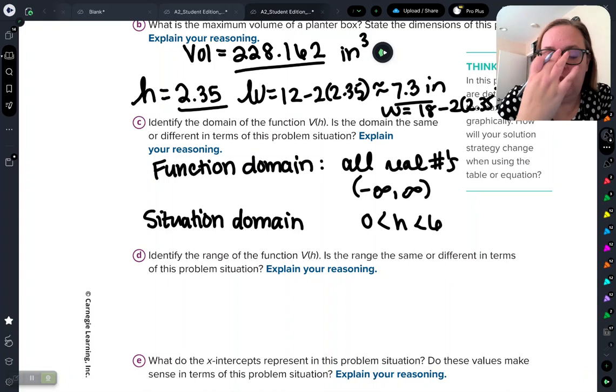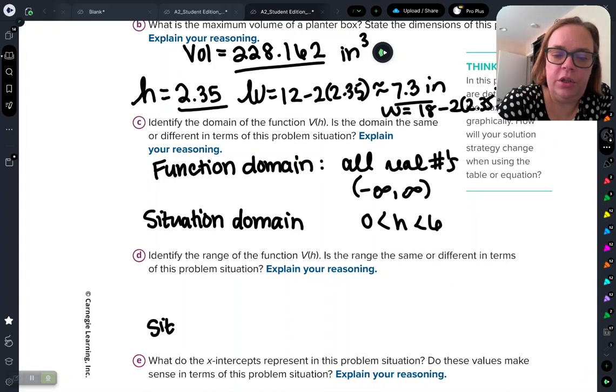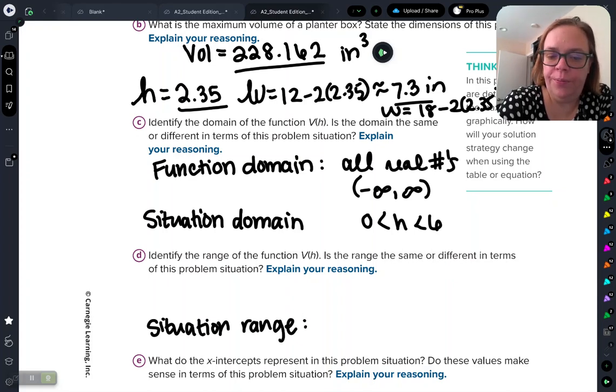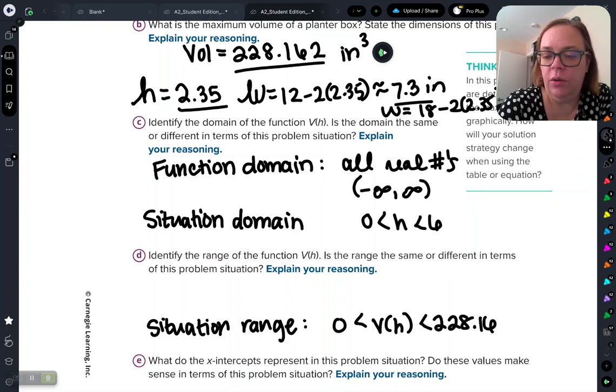Well, we're doing the situation domain. We could talk about the function in a second. So the situation range, V of h, was at least something, so greater than 0, but up to 228.162, that maximum volume.